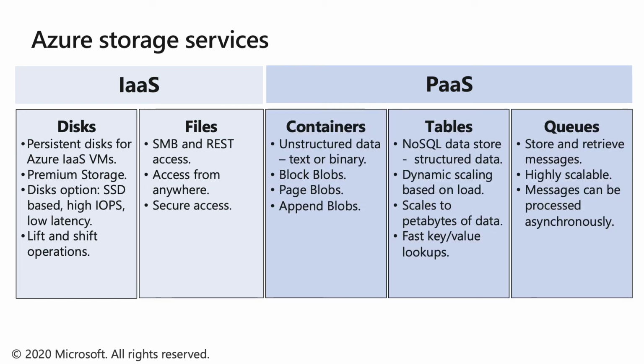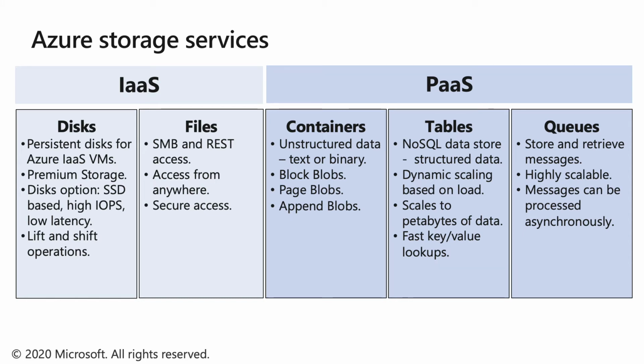Then if we move on to platform as a service, you've got containers with unstructured data, for instance, and all the different blobs that you might have going on there. You'll get an example to work through creating blob storage on Microsoft Azure when you go through the self-directed material tomorrow.